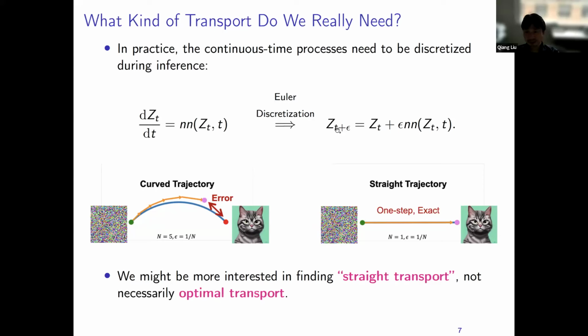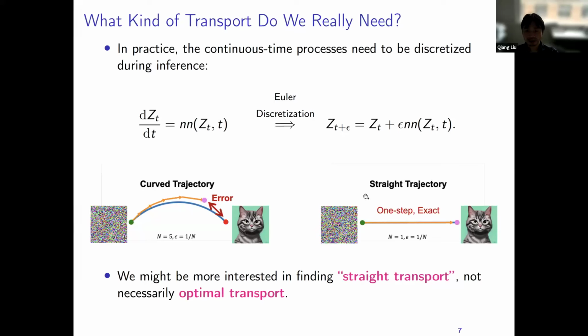And the discretization error is going to depend on how curvy the trajectory of the differential equation is, right? If the trajectory is very curvy, then we have to use a small step size. As a result, we have to simulate lots of steps, right? If on the other hand we have a perfectly straight trajectory, then we can just take one step of Euler method and exactly get what we want, right?